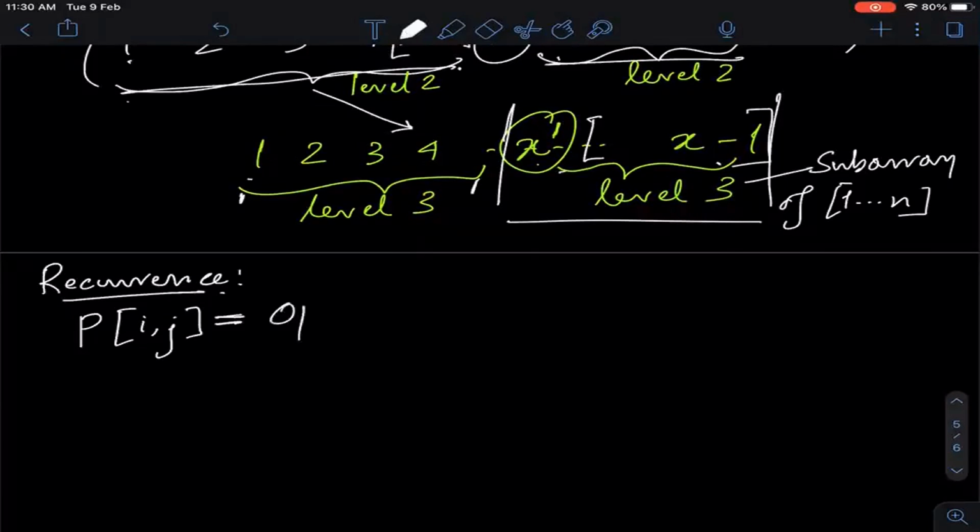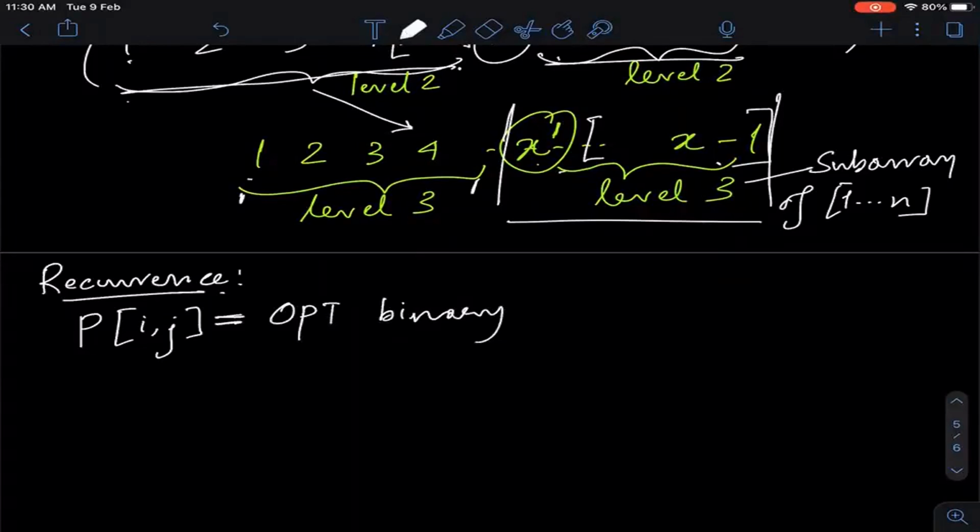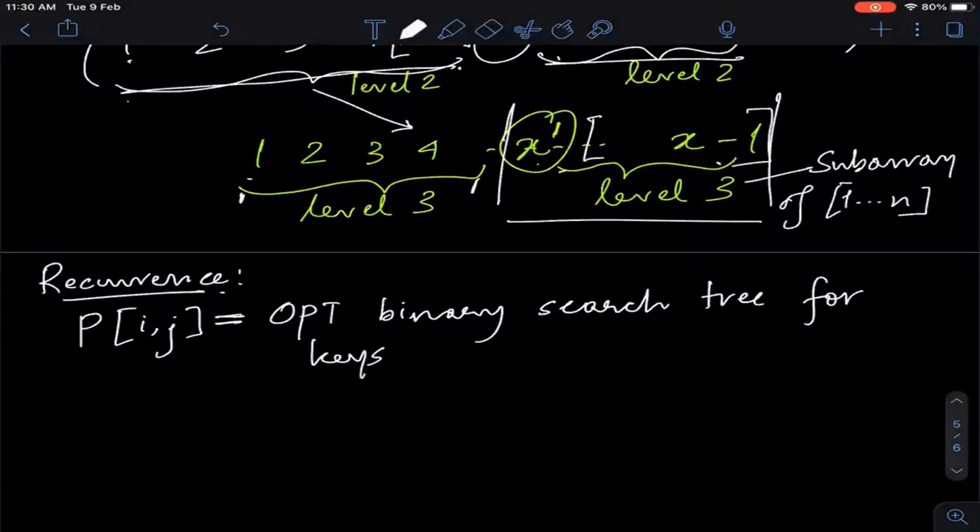This will keep the optimal binary search tree for keys i plus 1 up to j.